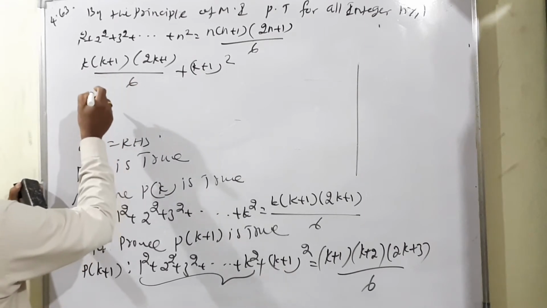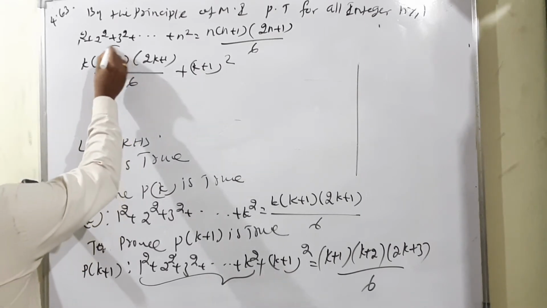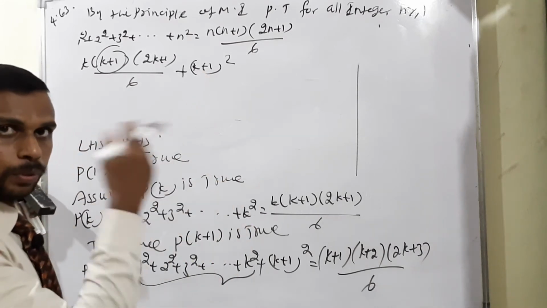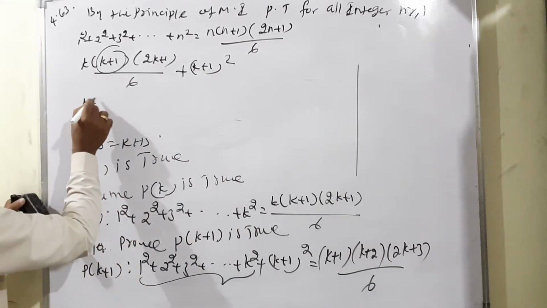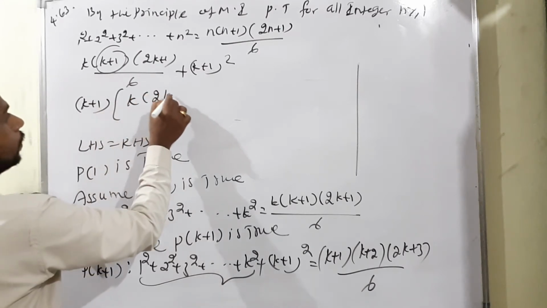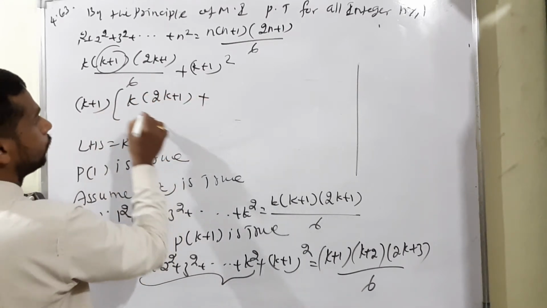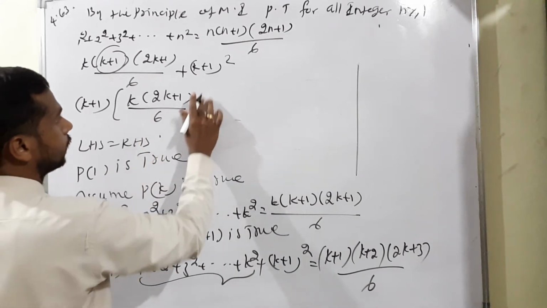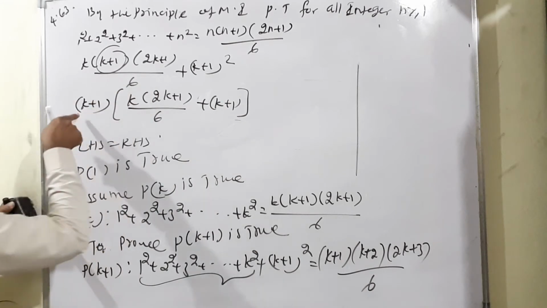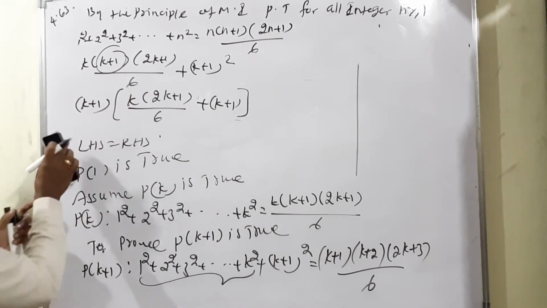Again, look at there. Here also k plus 1 only one time. The next term also 2 times. So k plus 1 we have to take common now. So k plus 1 take common outside means k into 2k plus 1 divided by 6 plus k plus 1, because already one k plus 1 is common outside.